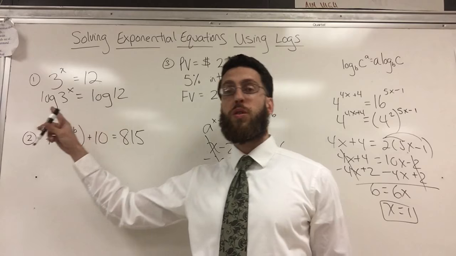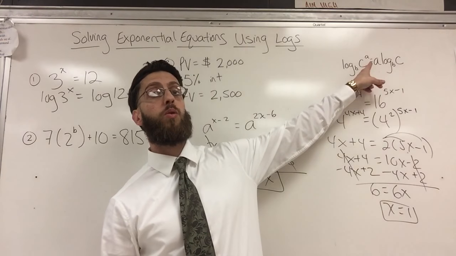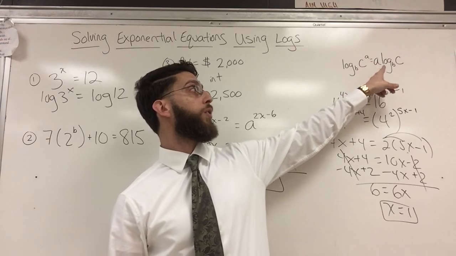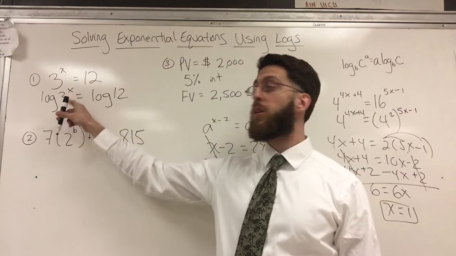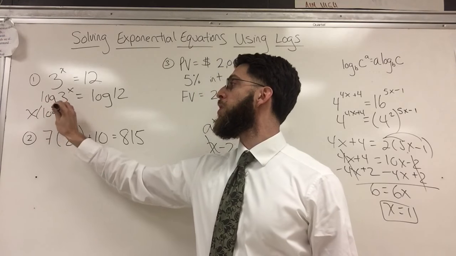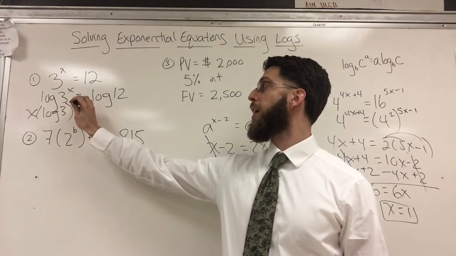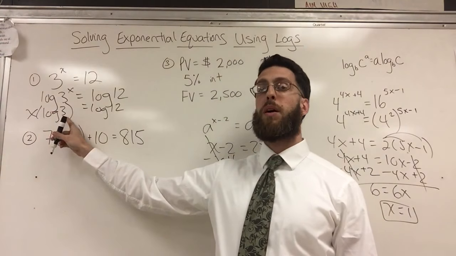Now I have a power, so I'm going to use the power rule, which says if I have an exponent on my logarithm, I can rewrite it as the coefficient. So this x that was the exponent is now the coefficient, and that equals log of 12. Now a lot of people think to divide by 3 on both sides.